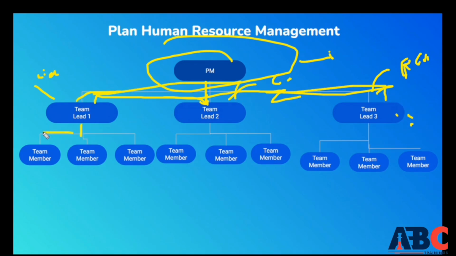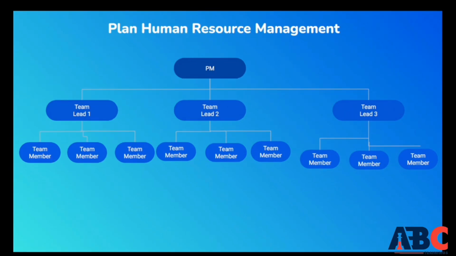Under this, you will get different workers and members who will work under them. Similarly, you have to manage your human resource or labor resource. You have to define which task you are going to do or assign. All those things you have to define in plan human resource management.